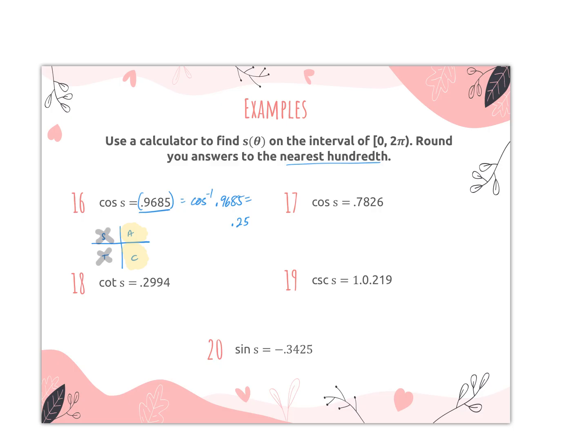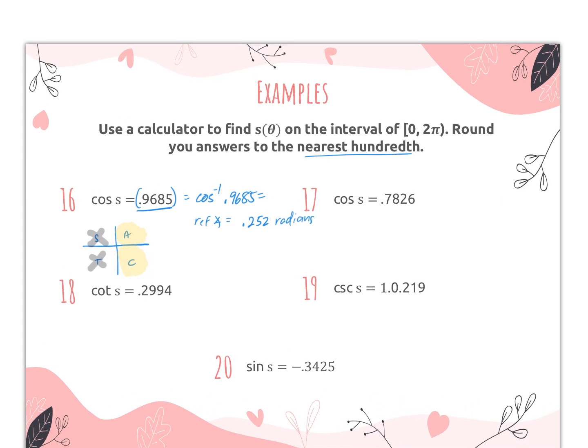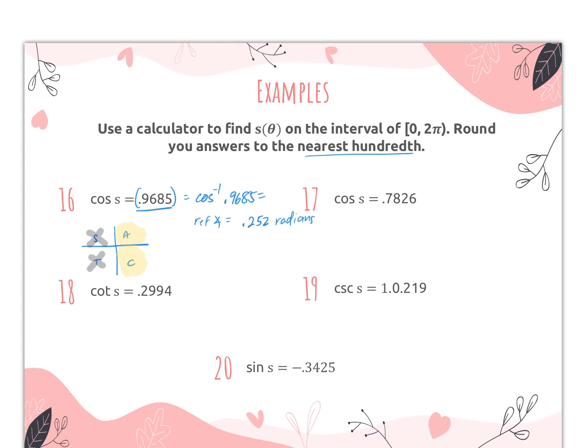So 0.252 is going to be my reference angle. So this is 0.252 radians. That's my reference angle. So in quadrant 1, my answer is that angle. So 0.252 radians is going to be one of my answers.